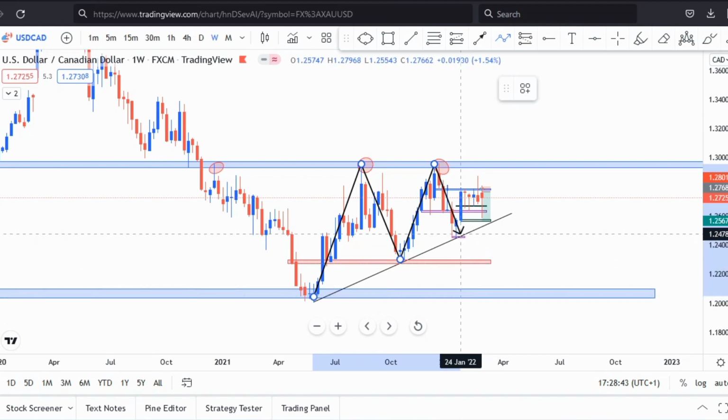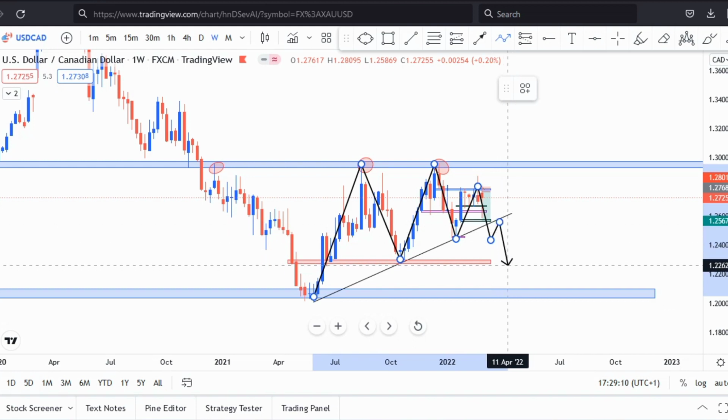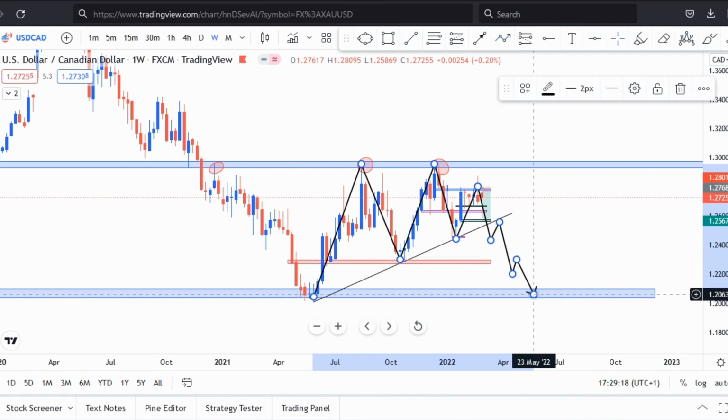And the way I expect price to do it is, as price has tested this trend line here as well as the support level here, price went up to retrace a little bit towards the Fibonacci 61.8% level, and I'm expecting price to come back down to this trend line here and possibly break it, moving all the way downwards to this level, back to retest it, back down to this neckline, possibly breaking it as well, retesting it, and then finding its way all the way down to this support level.